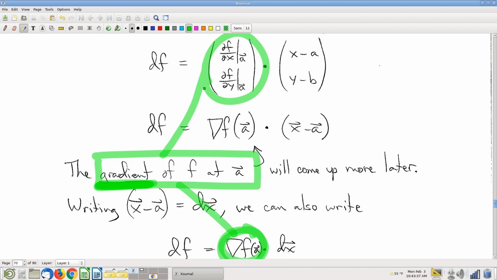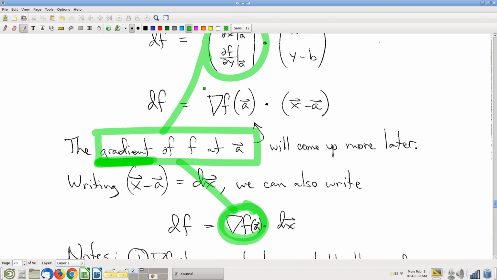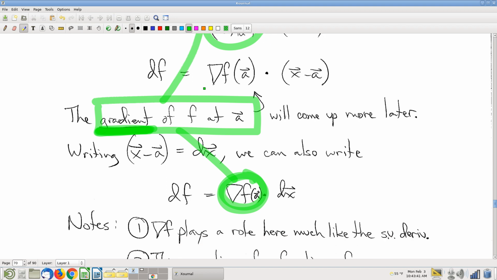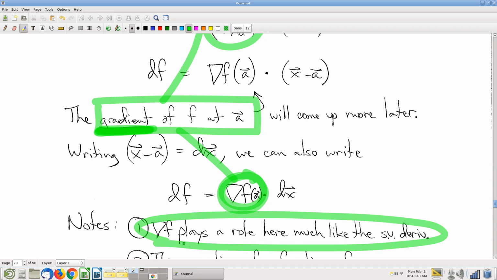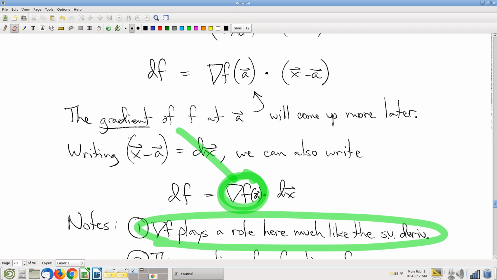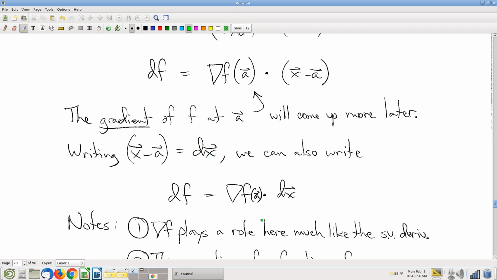And we're interested in it because, again, it plays the role that derivatives are supposed to play in a situation like this. Okay, so I think that's super interesting. This is, by the way, a first example of why I'm a lot less excited about partial derivatives than I am about things like this gradient vector.